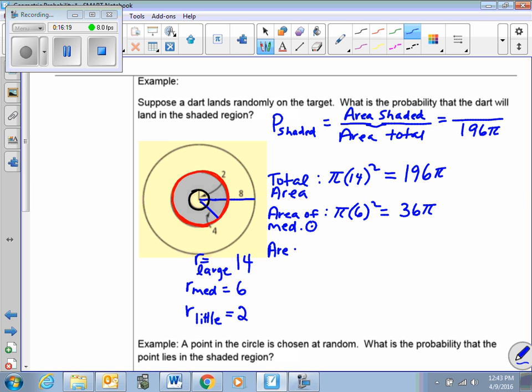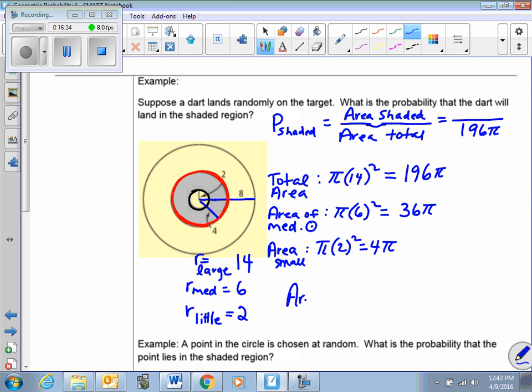The area of the small circle, the little one, is pi times 2 squared, which is 4 pi. So now I can finally find the shaded area.